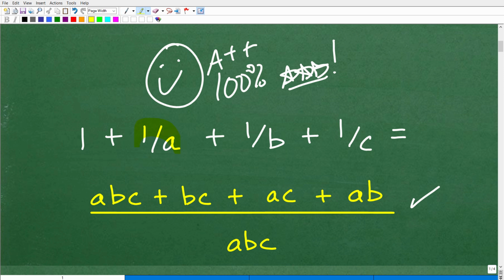Now, the first thing I'm going to say is, yes, these are rational expressions, but we need to think of what we learned about fractions way back in elementary school, okay? That's why it's so important that you master basic math, arithmetic, before you move on to algebra.